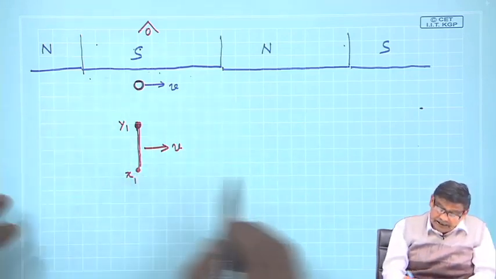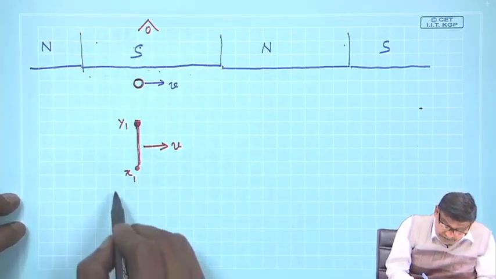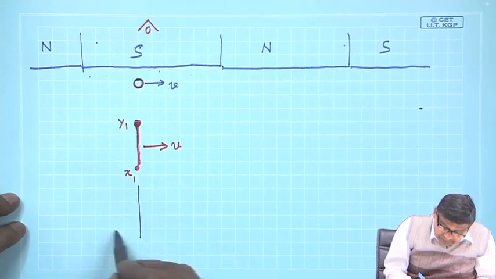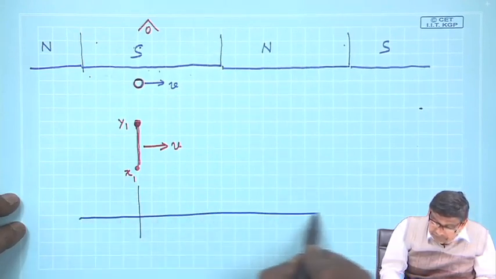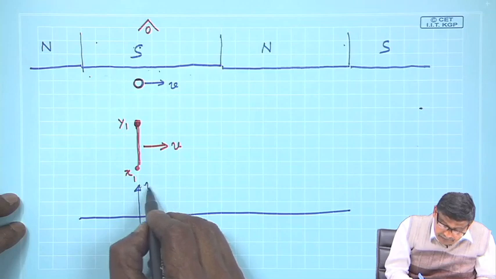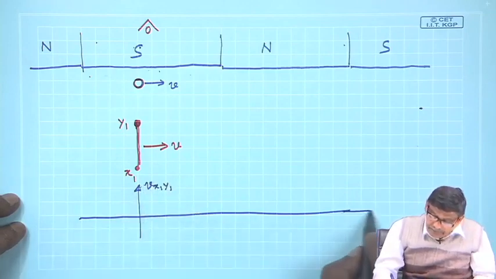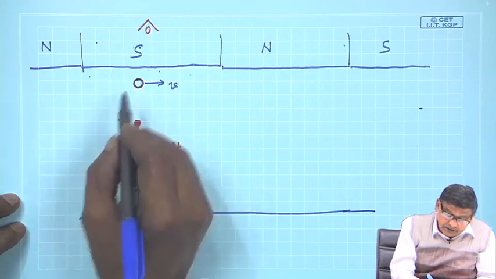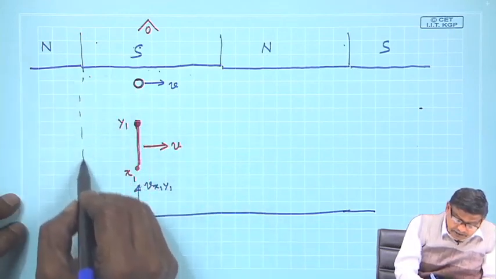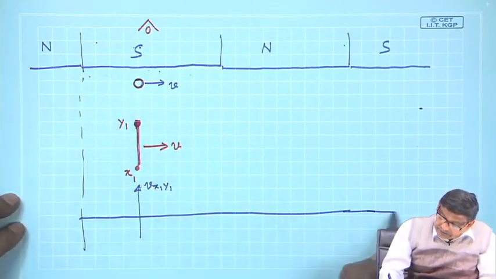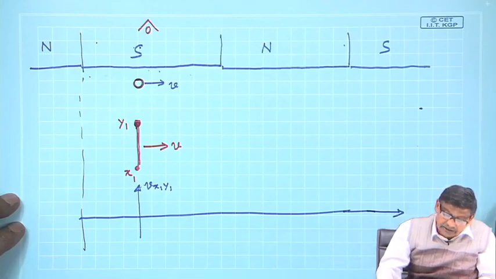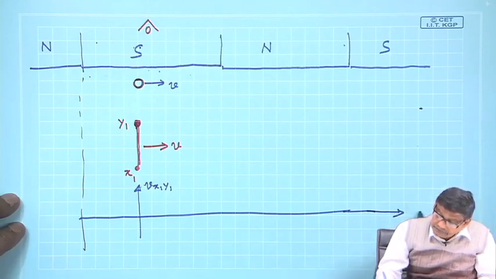Therefore, if I want to sketch this voltage V x1y1 against the position of the conductor, suppose I start measuring the position, this is position, okay, x axis.